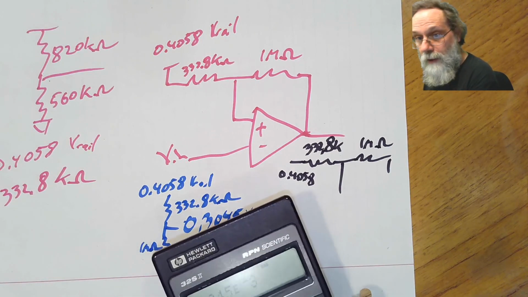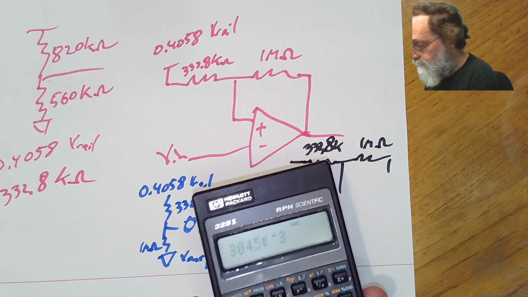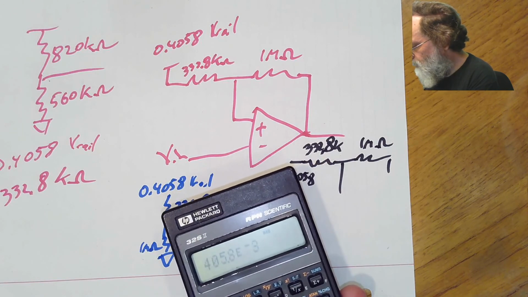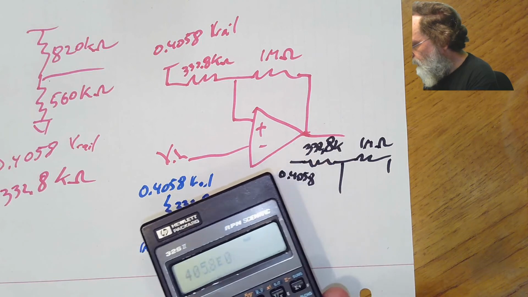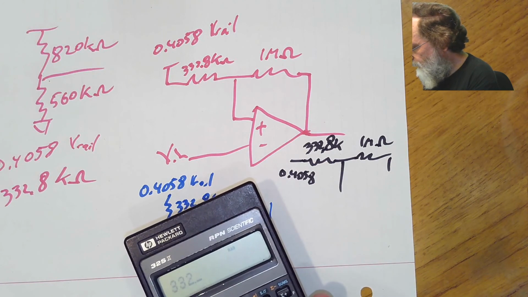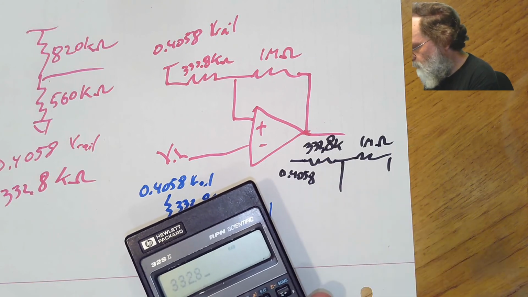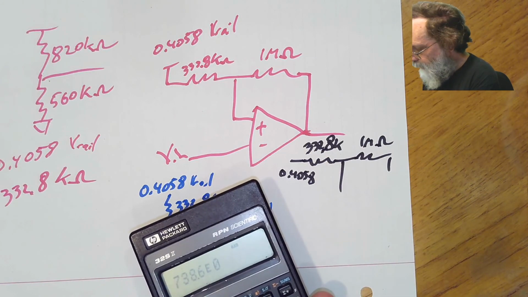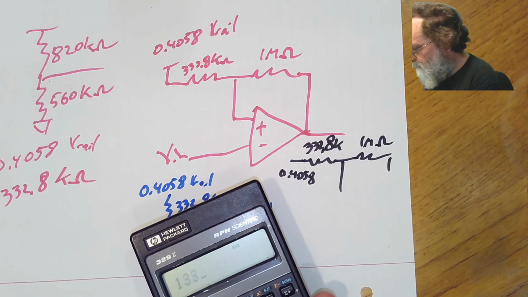So we have 0.4058 times the 1 mega ohm, plus 332.8 kilo ohms times 1, add the two together, and divide by 1332.8.